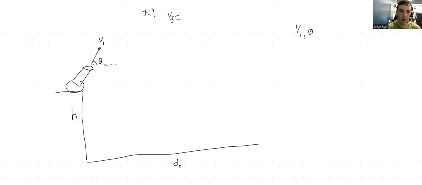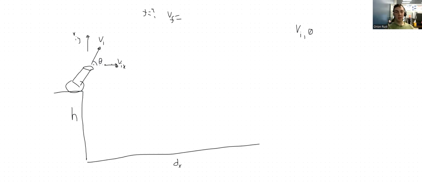So we could call this Vix, or the initial velocity in the x direction, and we can call this one the initial velocity in the y direction, or VIY.